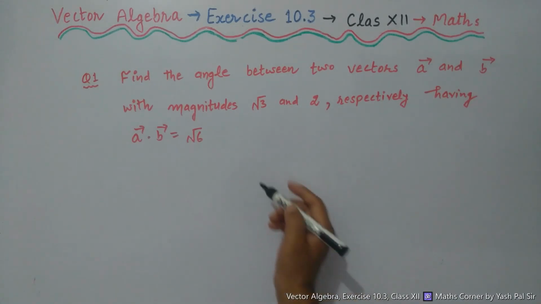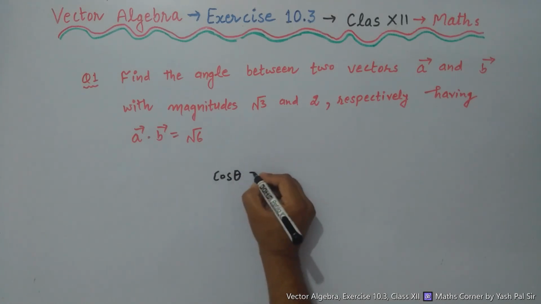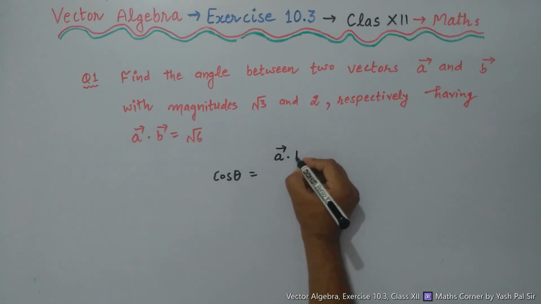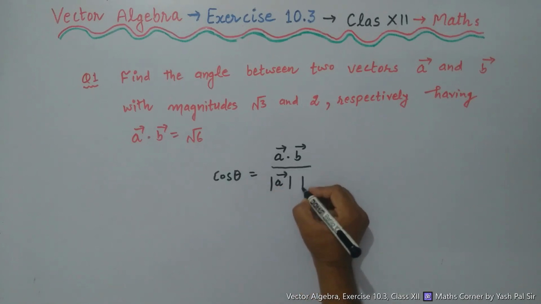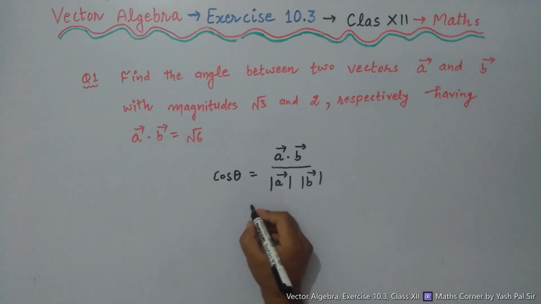So we simply apply the formula: cos theta is equal to the dot product of vector A and vector B divided by the product of their magnitudes.